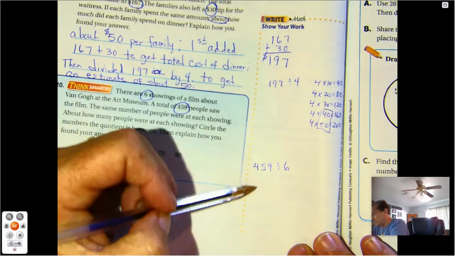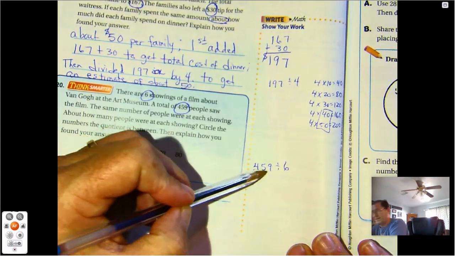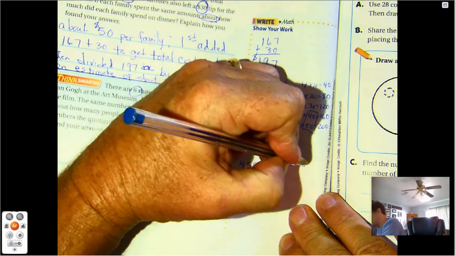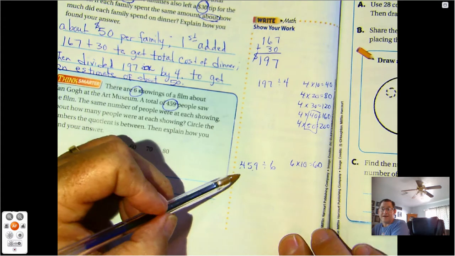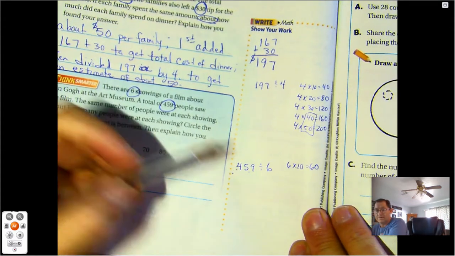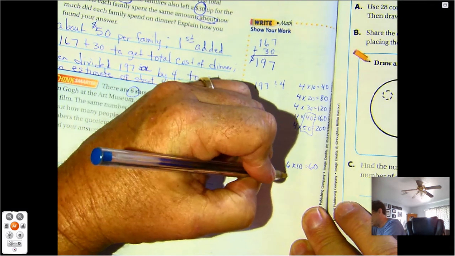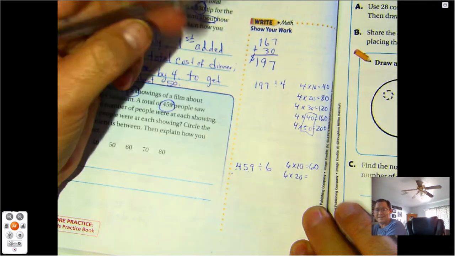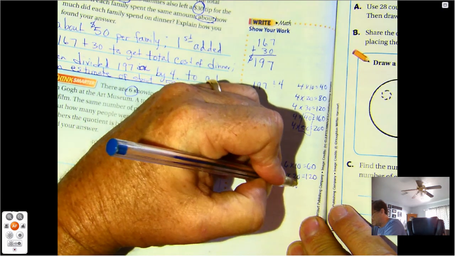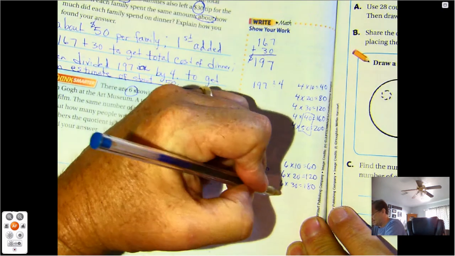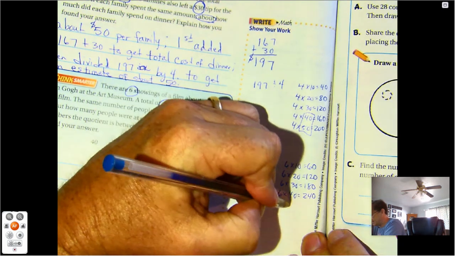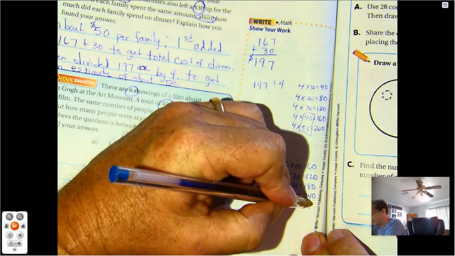So we're going to start with 6 times 10, and that gets us to 60. That is not close to 459, so we want to switch over to counting by multiples of 10. So 20 times 6 is 120. 6 times 30 is 180. 6 times 40 is 240. 6 times 50 is 300. 6 times 60 is 360.